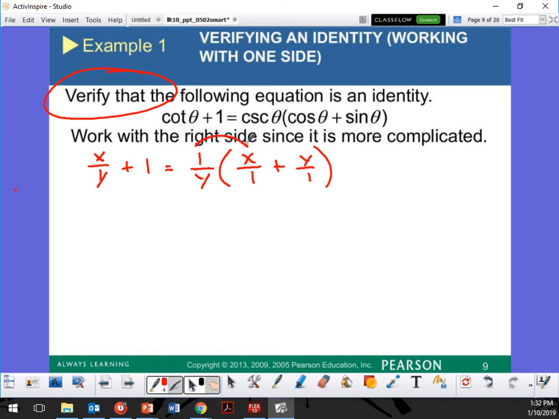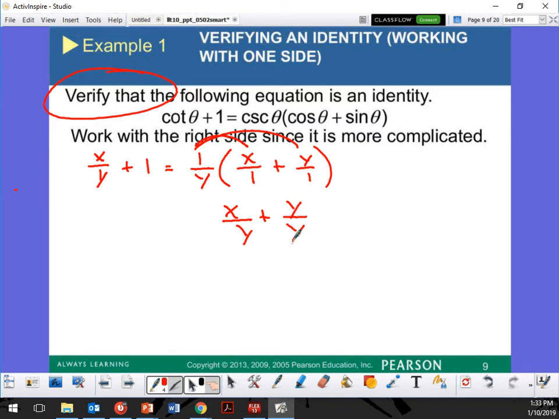So when I distribute that, it's going to be 1 times x over y, which is x over y. 1 times y is y, right? Now I distribute over here. Plus, I have 1 times y is y, and y times 1 is y.